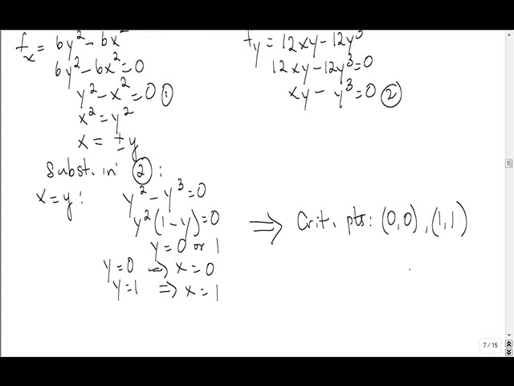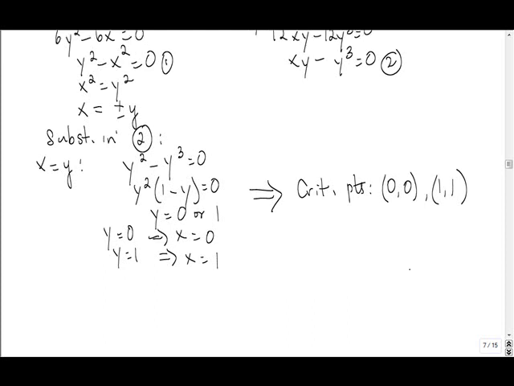We now have to substitute x equals minus y into the second one. Put that into the second equation. We have minus y squared minus y cubed is 0.